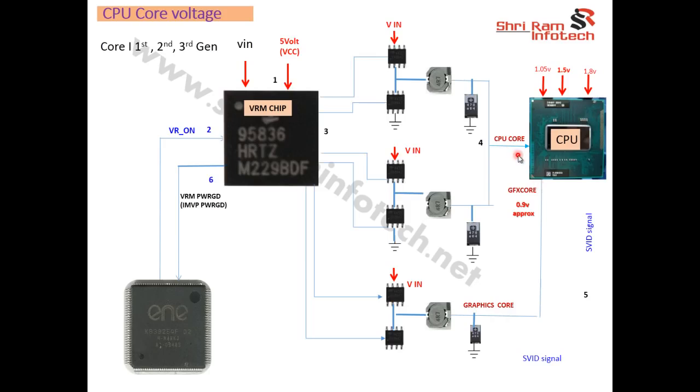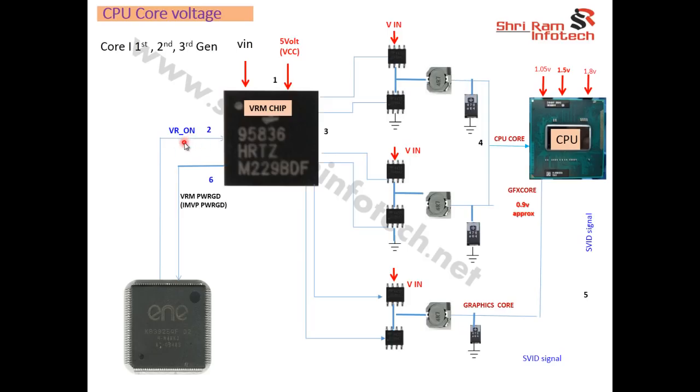But before that, the CPU should get three voltages, like 1.05, 1.5 and 1.8, from different pulse width modulators. Once the CPU gets all these voltages, then the CPU receives a signal that is called the VRM signal.